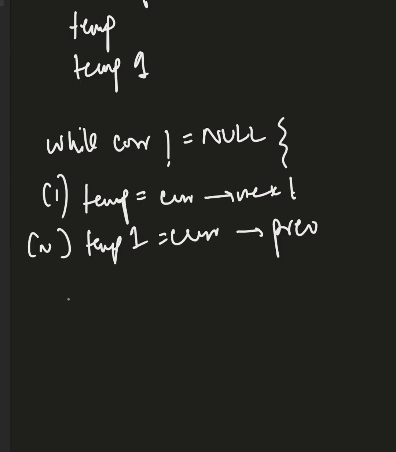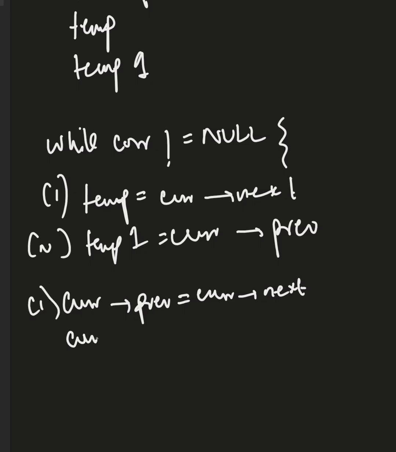Then I will do the swapping part. I will do current previous is equal to current next. So now the value of current previous, which was null, will become 1. And then I'll do current next. I want the value of current next to be null, and as you can see, temp1 stores null. So I'll do current next is equal to temp1.